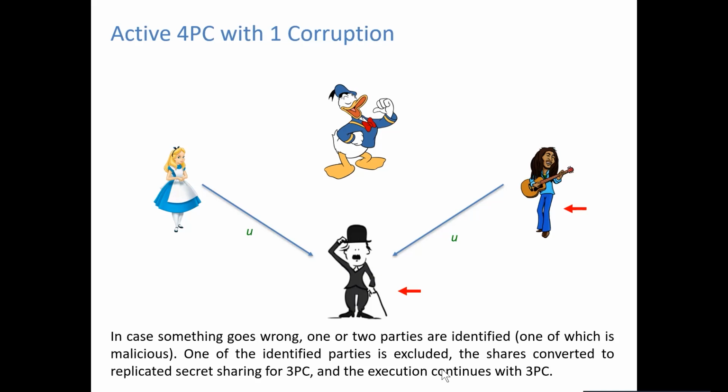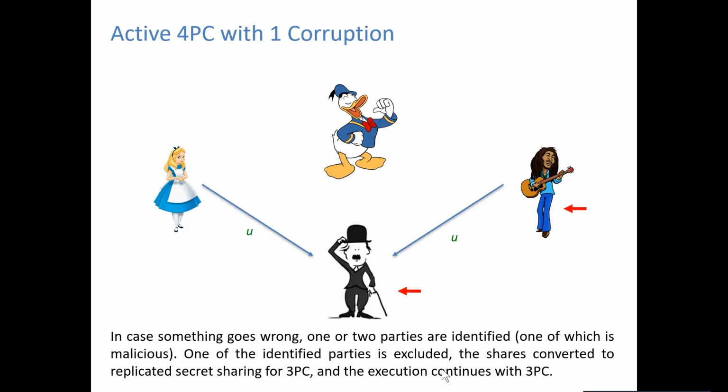Sometimes this pinpointing mechanism allows you to pinpoint exactly 1 party, and then you already know, okay, this is the malicious one. Other times it will just give you 2, and one out of the 2 is the malicious one, but you're not guaranteed which one of them. So let's say that something went wrong, and you realize, okay, either Charlie or Bob is the corrupt party. But we are in the scenario where we have 4 computing parties, and at most one of them is corrupt.